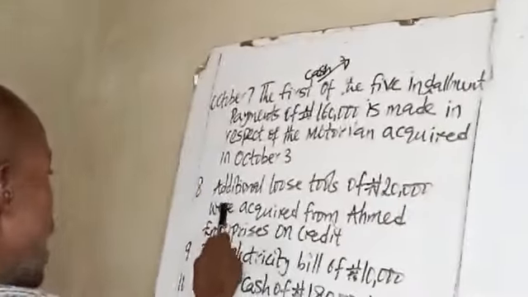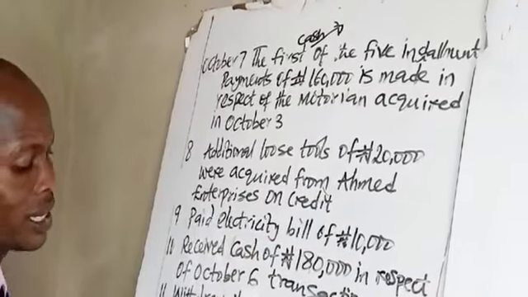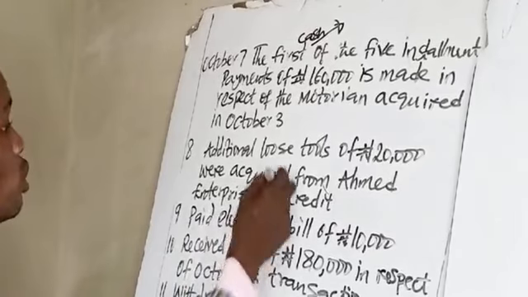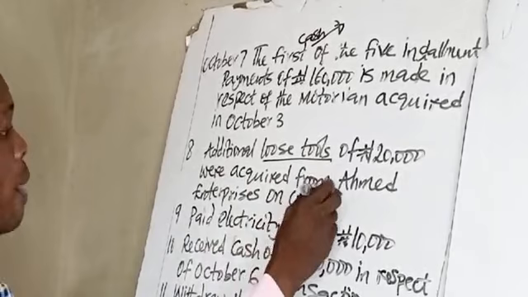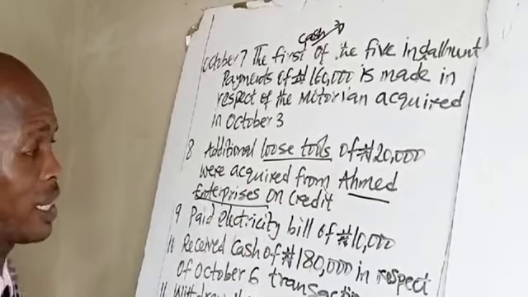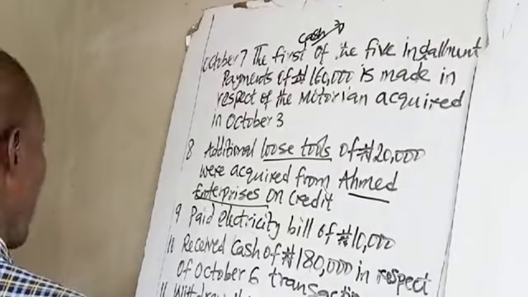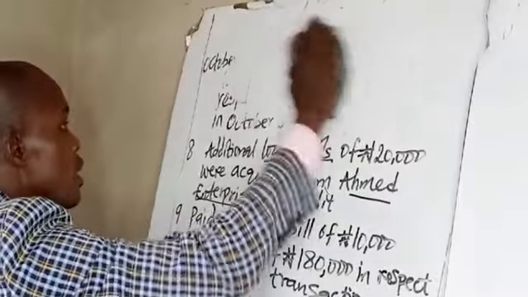Back to the question. On the 8th of October, additional loose tools of 20,000 naira were acquired from Ahmed Enterprises on credit. The parties involved are the loose tools, which were acquired from Ahmed Enterprises. Since it was bought on credit, no cash is involved, so it will not pass through the cash book.